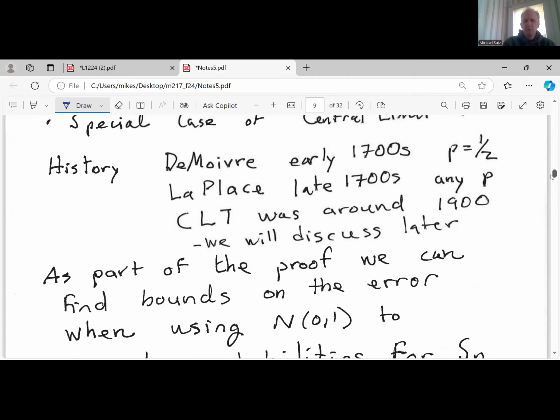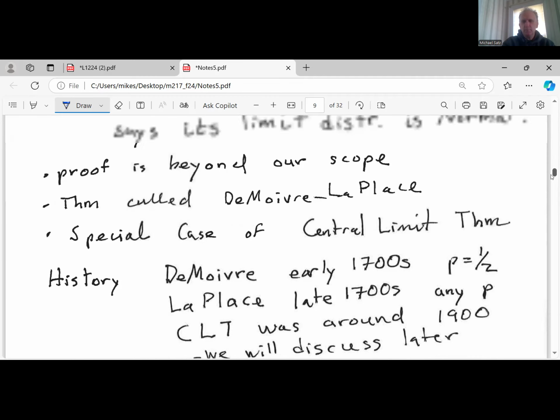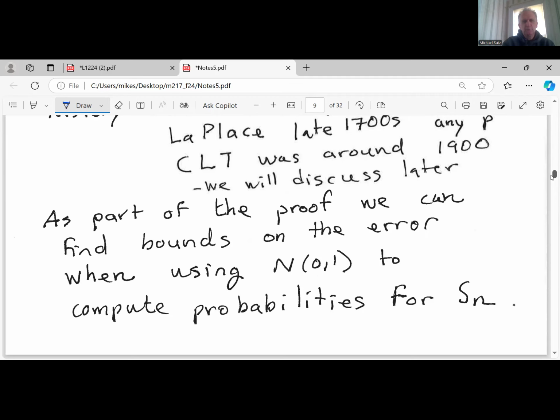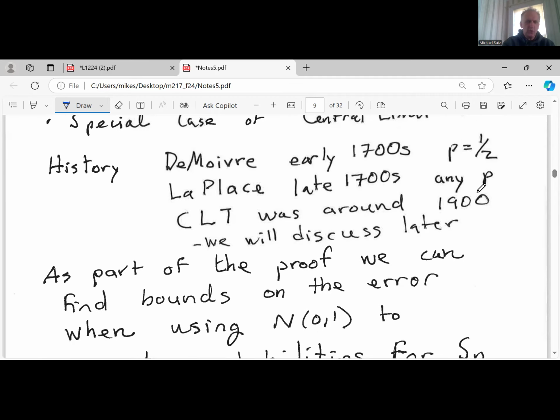We'll mention this in a little more detail, but we can't prove really any of these in the class. But this is always used as the justification for what they call large sample confidence intervals, where you just assume things are normal, or you assume the sample mean has a normal distribution, things like that. It comes from this. And this was around 1900.